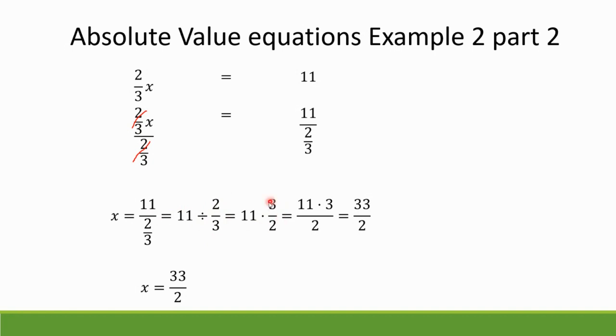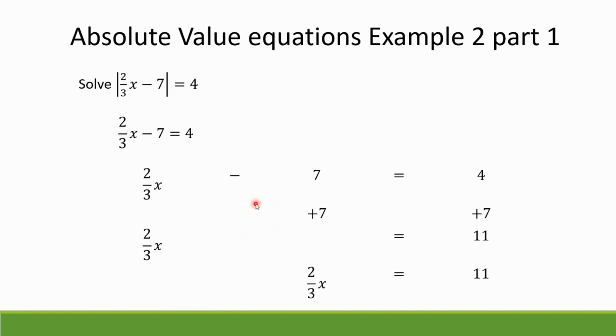You invert it. Now, how do you multiply this? Well, 11 times 3, and you divide by 2. You're just multiplying a number with a fraction. So you get 33 over 2. So 33 over 2 is one answer.